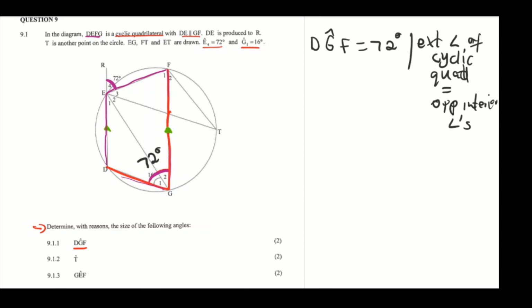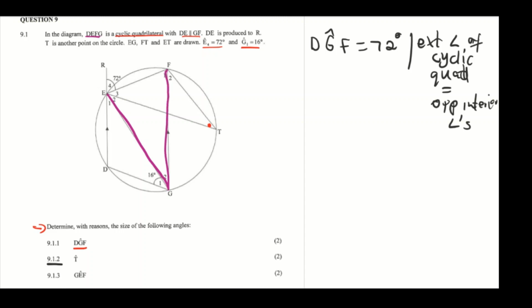So now let's go to 9.1.2, which we are asked to find angle T. So let me just remove these colors here because now they're gonna distract me from solving other problems. So we want angle T, which is this one here, right? For us to find that, if you look clearly, there's this shape here that goes like this.